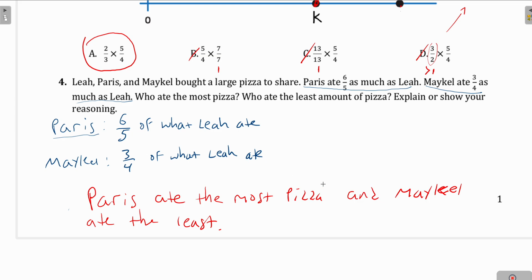If the question asks us to put it in order, let's make a little diagram here, with who ate the most pizza. Over here, Michael will be here, let's put an M for Michael, and Leah will be over here. And Paris will be, let's say, over here.